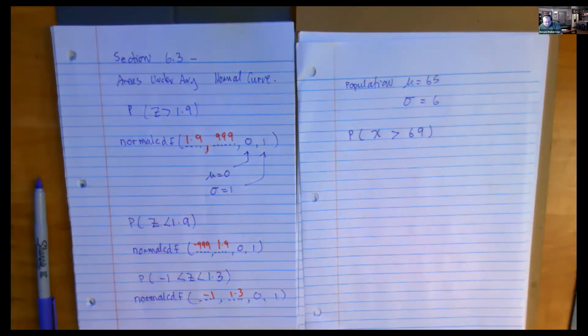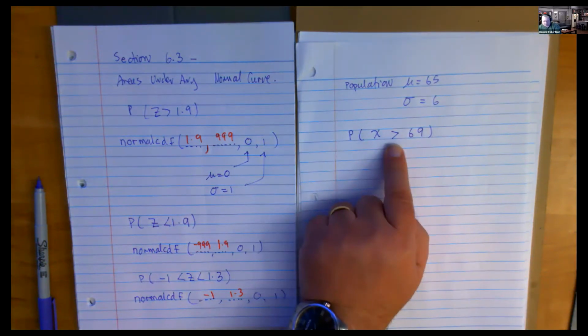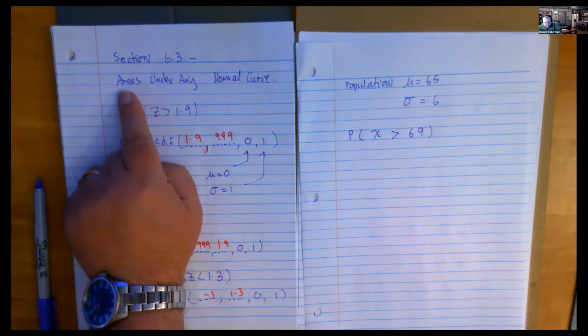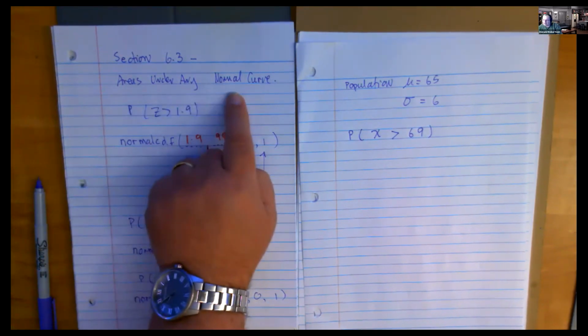Now, in section 6.2, didn't we have to turn that into the equivalent z-score and then do this? The good news is you don't need to, because we're now going to find how to get the area under any normal curve, not just the standard normal curve, but any of them.